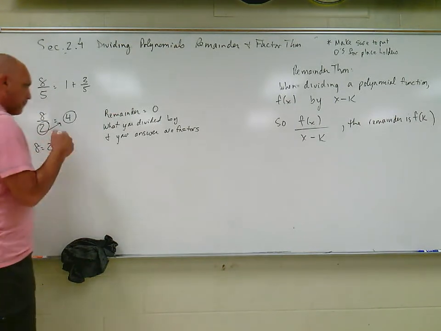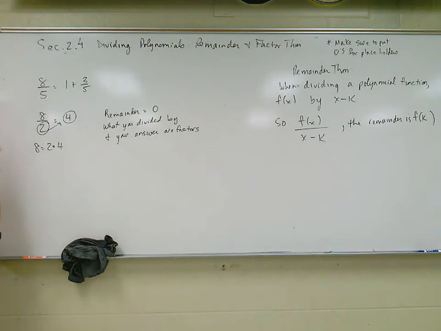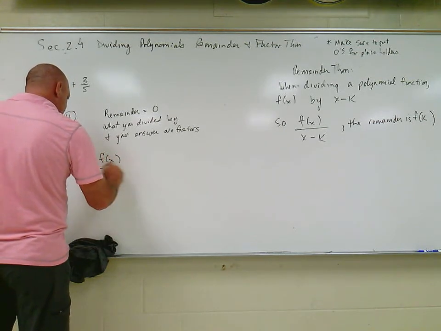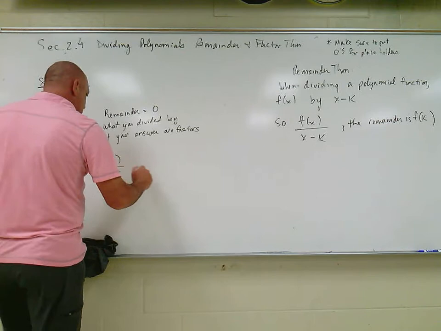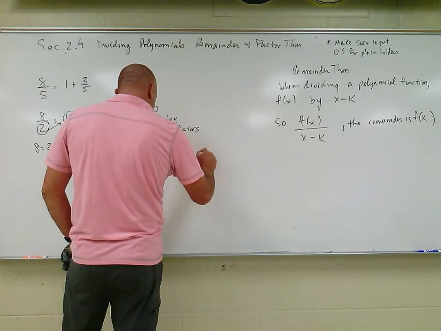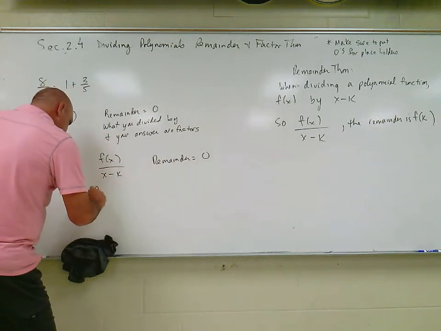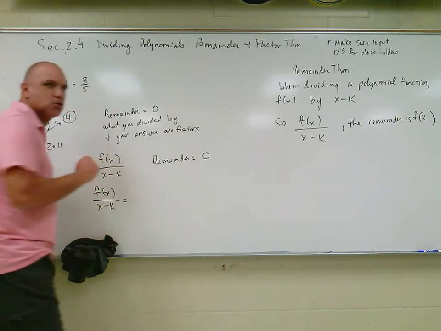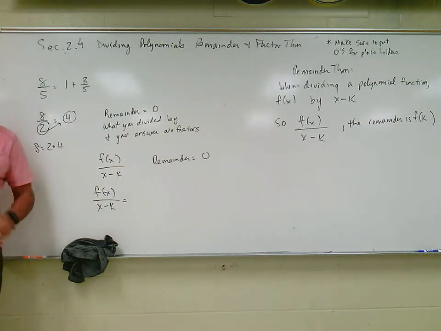So we want to take that concept and relate it to what? Polynomials. So if I take f of x and I divide by x minus k, and our remainder is 0, then that means our answer should just be what? If I do f of x by x minus k, what's the only piece of the answer I should have?